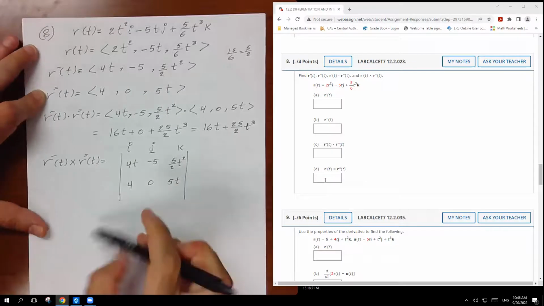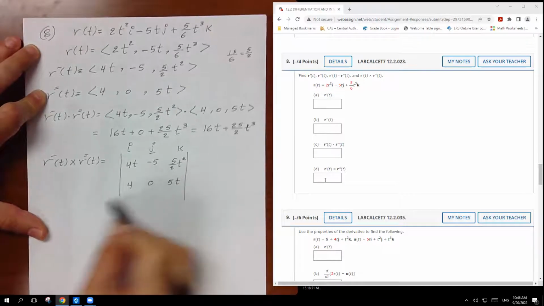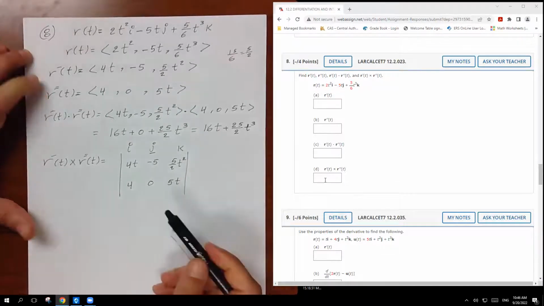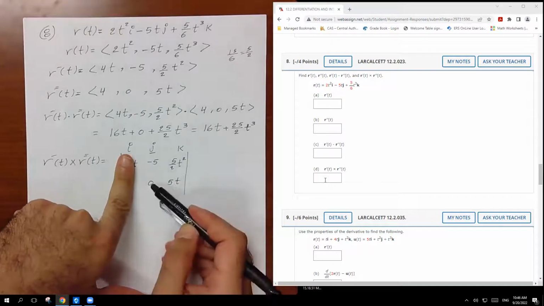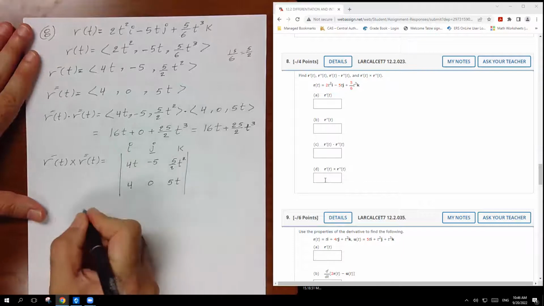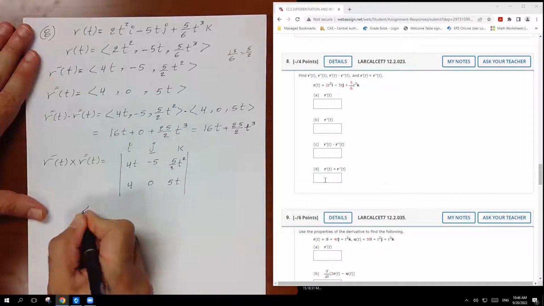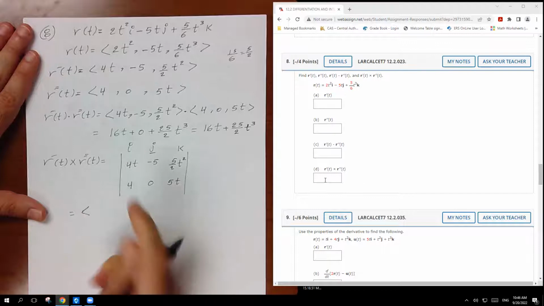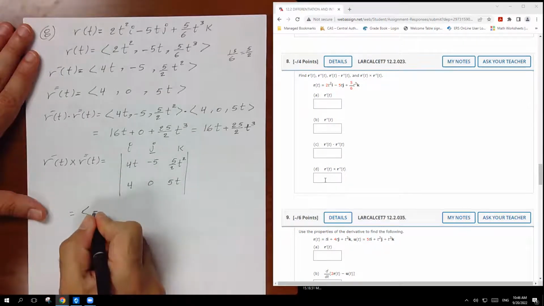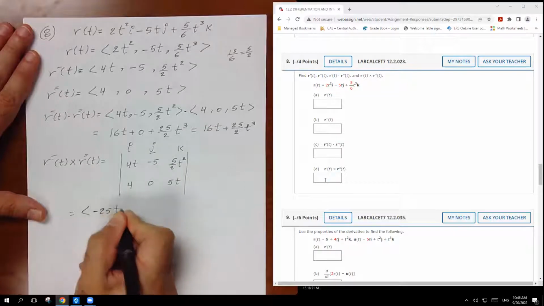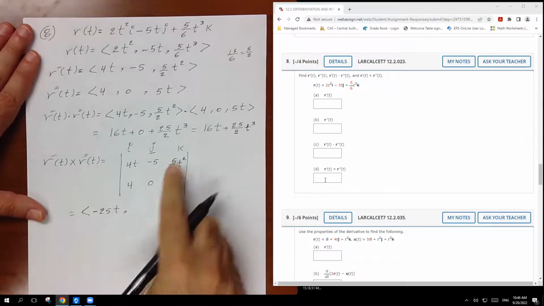Now let's find the cross product. For the i, for the first component, it's going to be negative 25t minus 0, so negative 25t, because minus this one is 0.